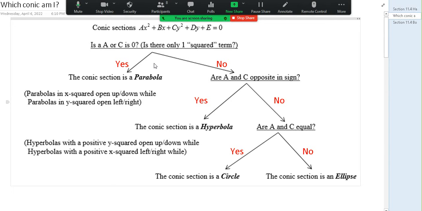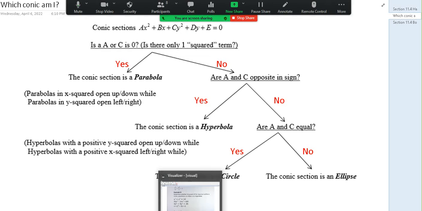The easiest thing to do when you're trying to determine which conic section you're looking at is to see if there's only one squared term. If there's only one squared term in the equation you're looking at, and it's generally of this form, then you're going to be looking at a parabola.